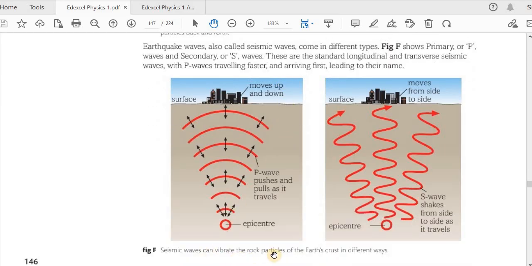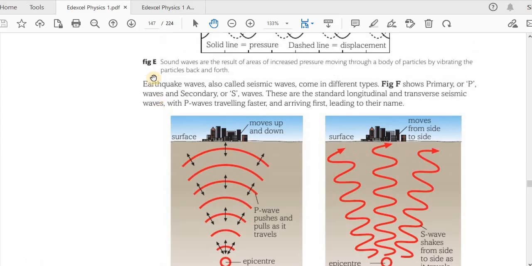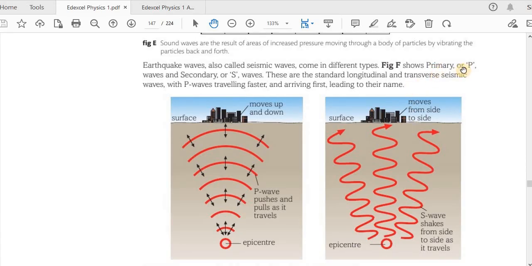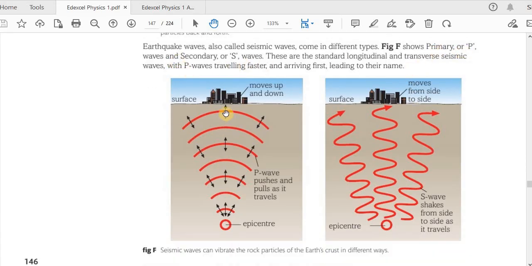Seismic waves can vibrate the rock particles of the Earth's crust in different ways. Earthquakes are also called seismic waves. Earthquake waves are called seismic waves. They come in different types. Figure F shows primary or P waves and secondary or S waves.